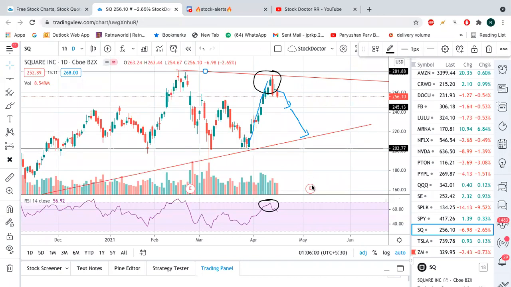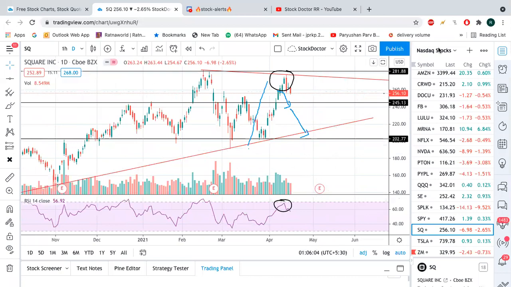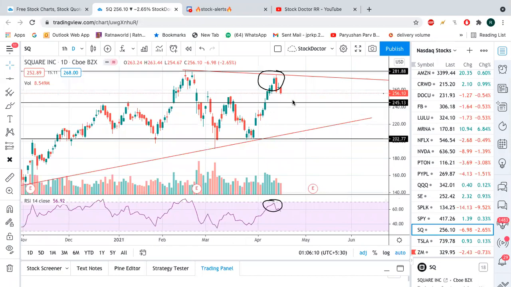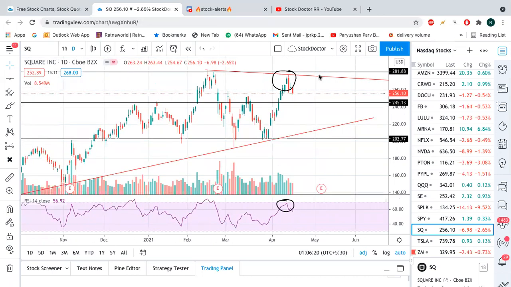Keep in mind that the stock has its earnings on the 7th of May. So if somebody wants to buy the stock, it can be in two batches. One is around 245 and the second is around 220, 215 levels. Or one should buy above $281.